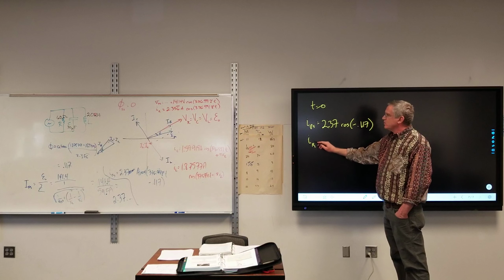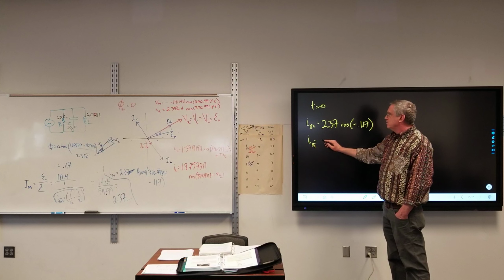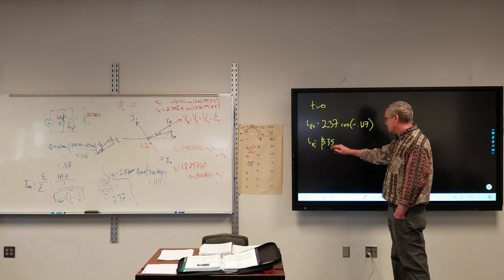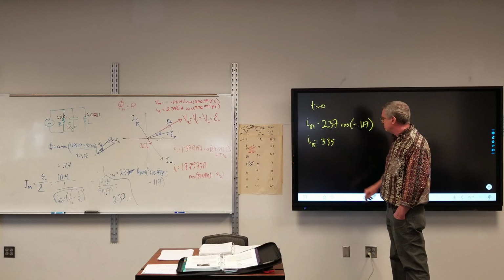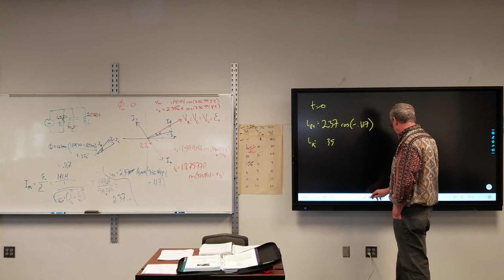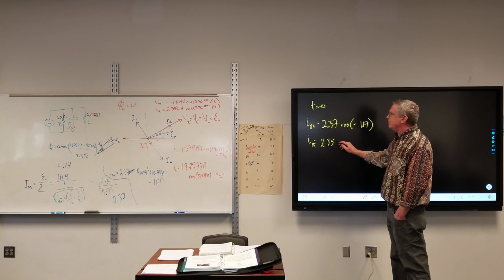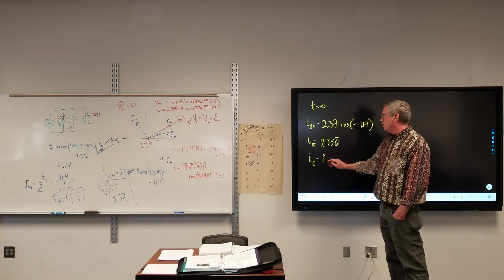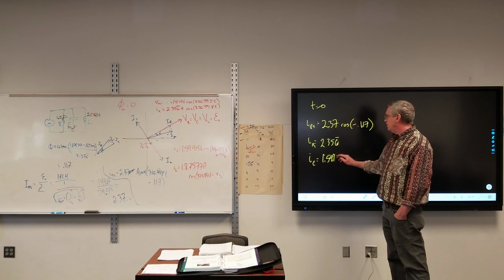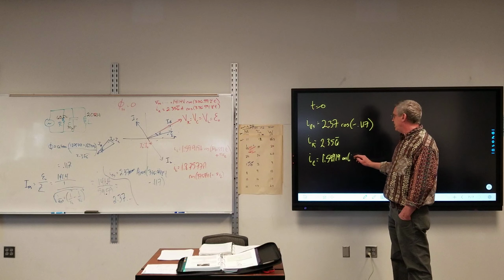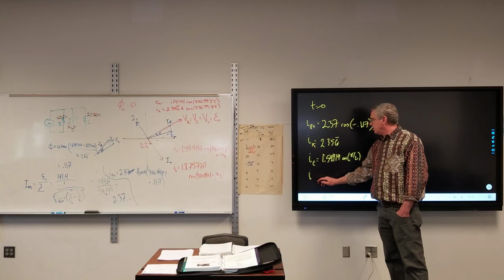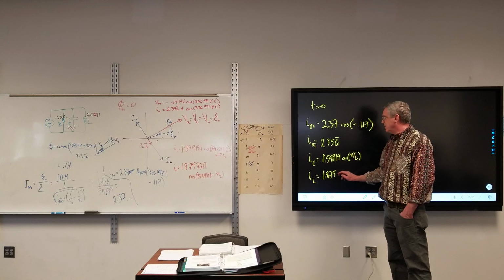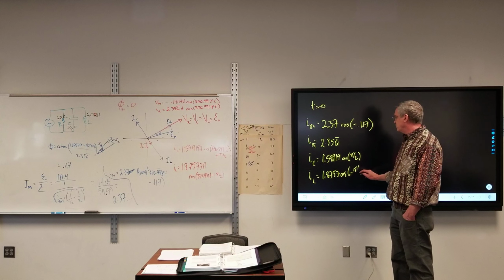The current across the resistor is 2.356 repeating. The current across the capacitor is going to be 1.59919 times the cosine of pi over 2. And the current across the inductor is going to be 1.8757 times the cosine of negative pi over 2.